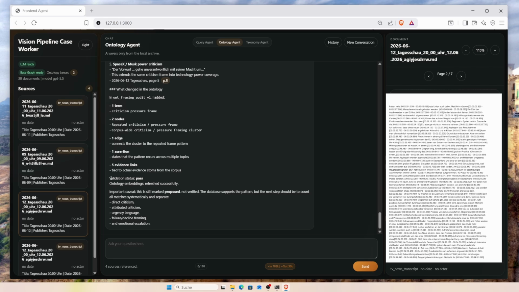And validation status passed. That means he wrote this into a database and he passed the verifications and the embeddings are refreshed. So as long as those things are not verified as claims, they will remain as proposed.